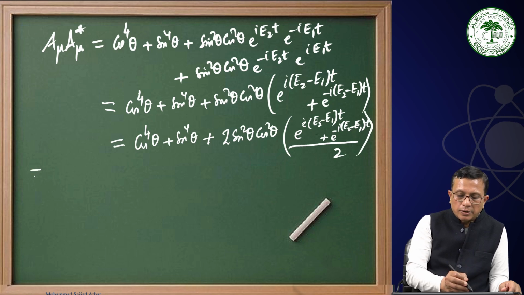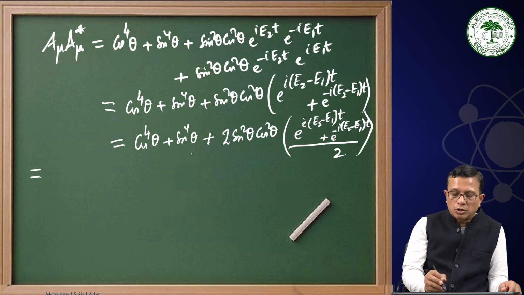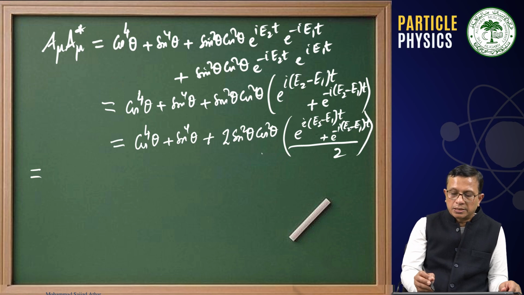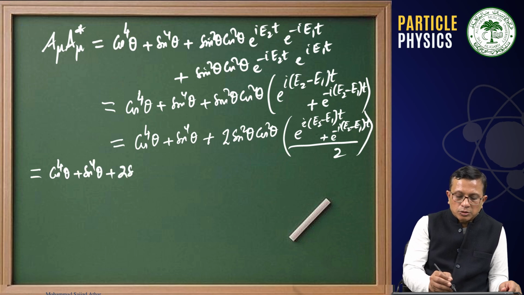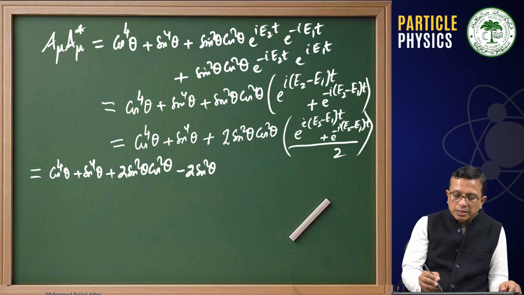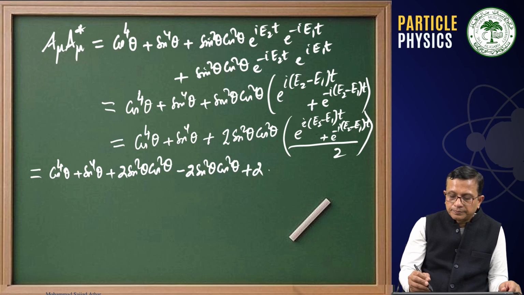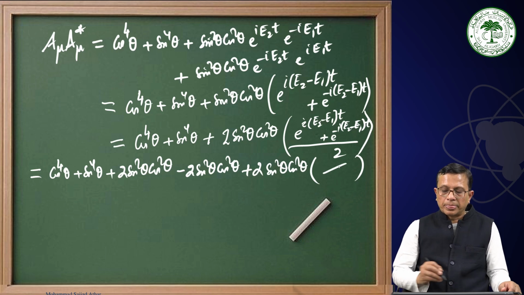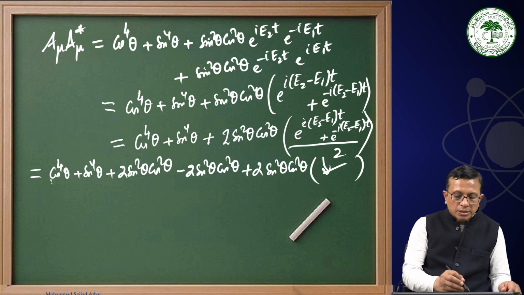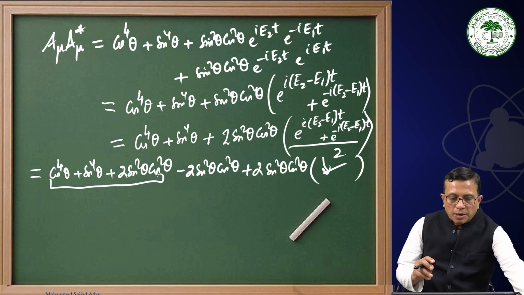And then we add 2 sin²θ cos²θ here and subtract the same. Therefore, this will become cos⁴θ plus sin⁴θ plus 2 sin²θ cos²θ minus 2 sin²θ cos²θ plus 2 sin²θ cos²θ times this factor. Now notice the first part is nothing but sin²θ plus cos²θ whole square.